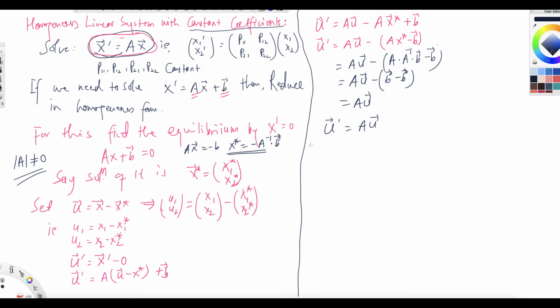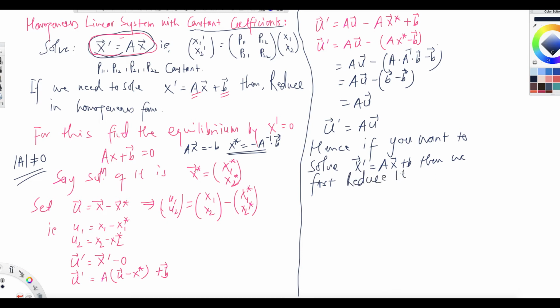So I want to write, hence, if you want to solve x prime equals A x plus b, then we first reduce it to the form u prime equals A u.